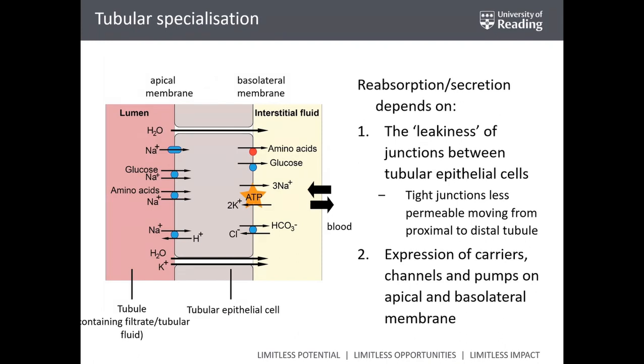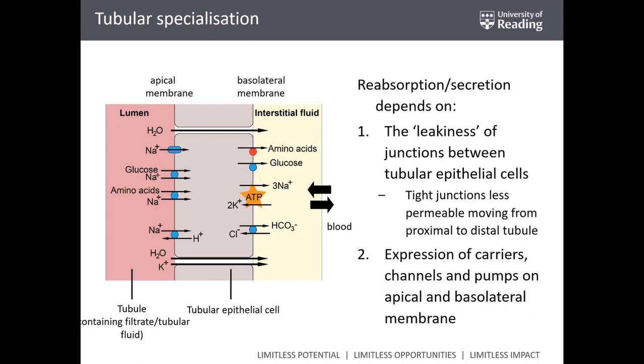Okay, so now let's talk about tubular specialization. The processes of reabsorption and secretion depend on many factors. The first factor is the leakiness of the junction between tubular epithelial cells. Tubular epithelial cells form a wall like any epithelium, from the skin to any epithelium that covers the body.